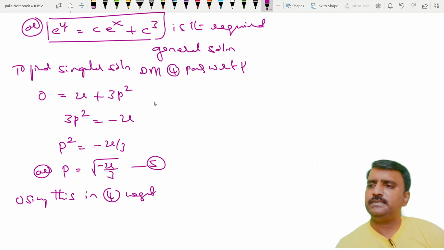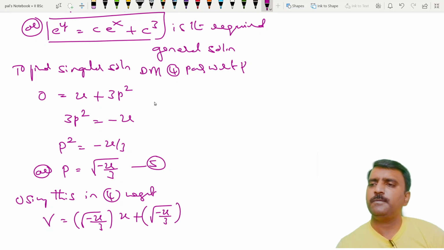We get v is equal to pu plus p cube. What is p? p is square root of minus u by 3, into u, plus p cube, which is square root of minus u by 3 whole cube.